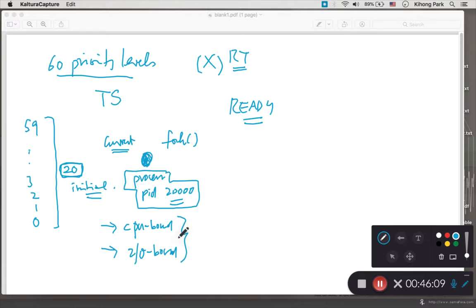So to spend too much time, for example, using AI techniques or machine learning to determine whether this guy is CPU bound or not, IO bound or not, it may give you a better result. But you always have to weigh the benefit against the cost, and the cost is overhead.